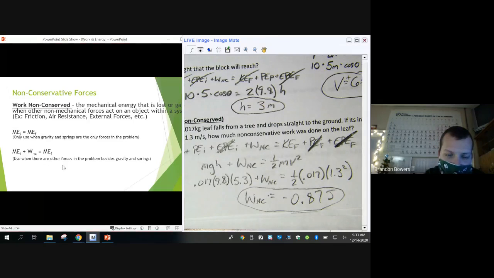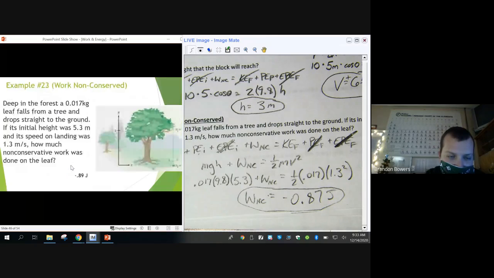Use work non-conserved if there are other forces besides gravity and springs. Here, the only thing I can think of is air resistance. So the work non-conserved is air resistance. It's free fall. Correct. Okay, thank you.